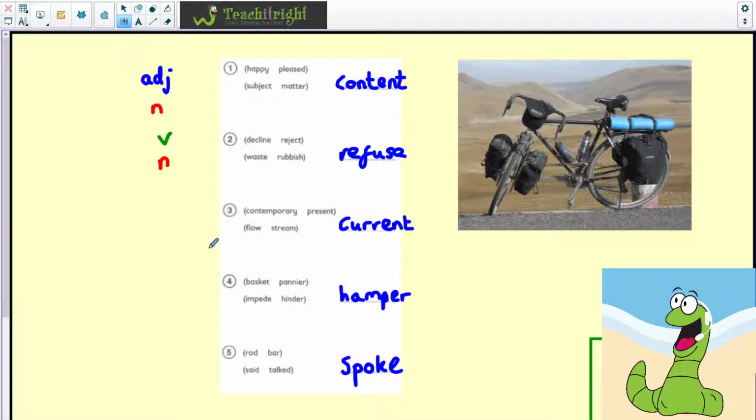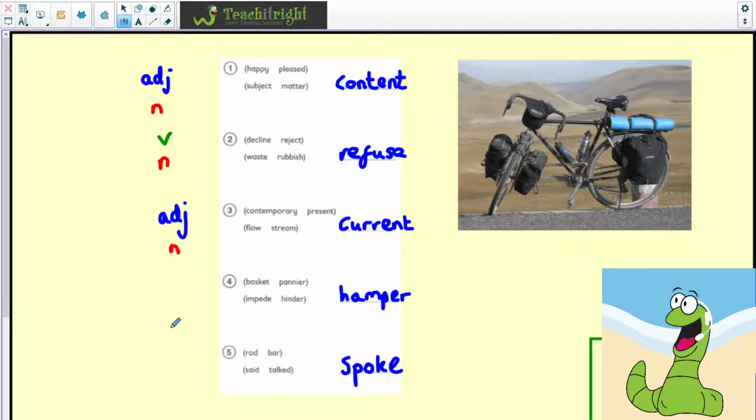And then we've got number 3, we've got contemporary and present, so current, it's currently happening, and then flow and stream. So we've got an adjective to describe contemporary and present, so we need to go back to blue again. But it also can be a noun as well, so we'll make sure we've got the N, but it does go with both sets of words.